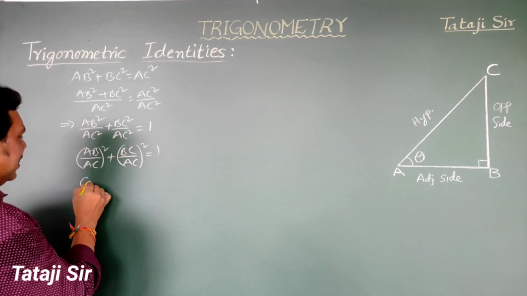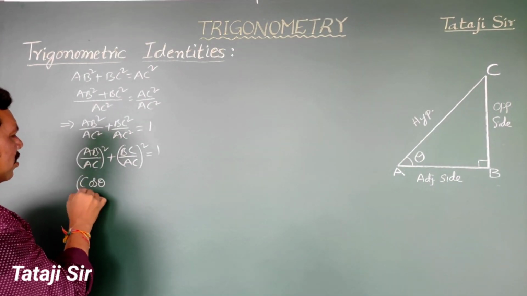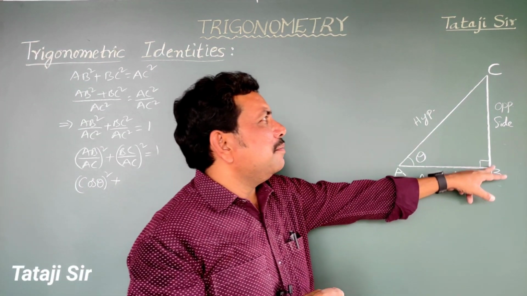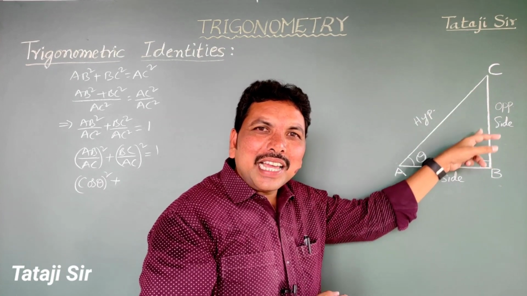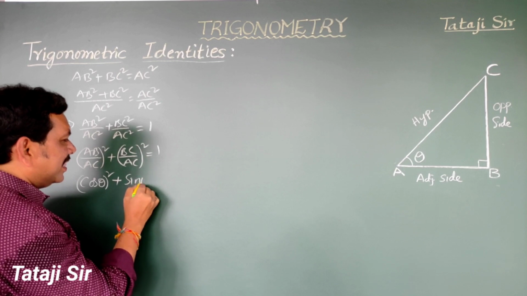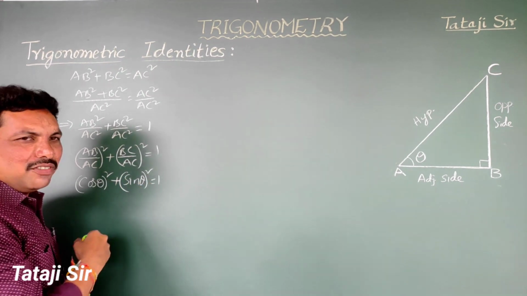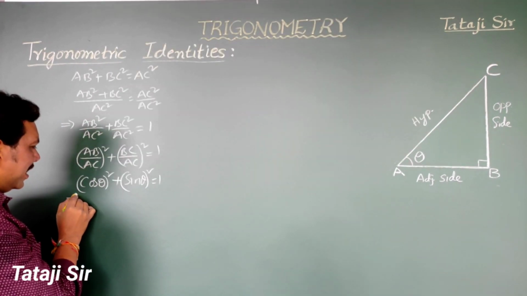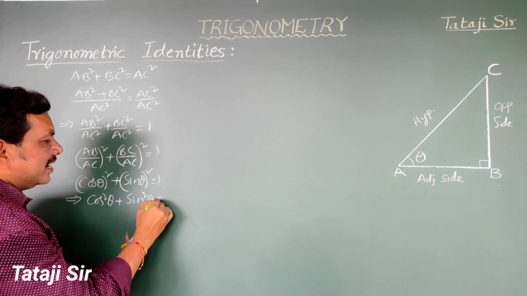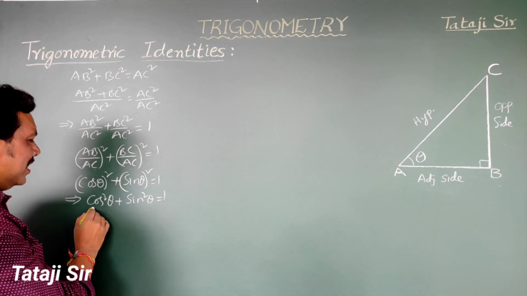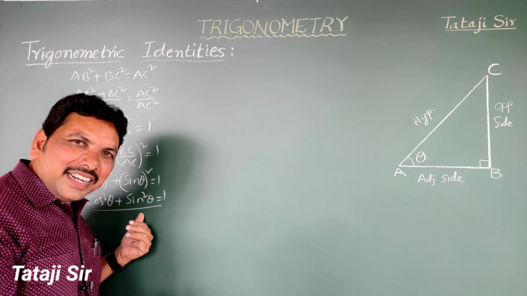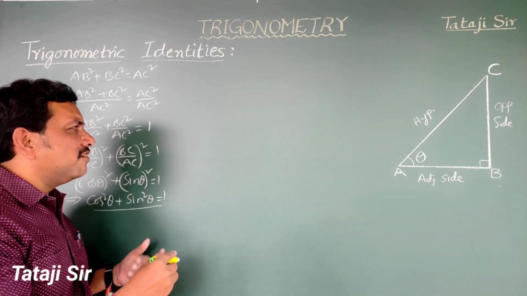Very good. This is cos theta whole square plus this is again BC by AC, opposite side by hypotenuse, which means sin theta. This is sin theta whole square is equal to 1. So this will be cos square theta plus sin square theta is equal to 1. This is the first trigonometric identity.